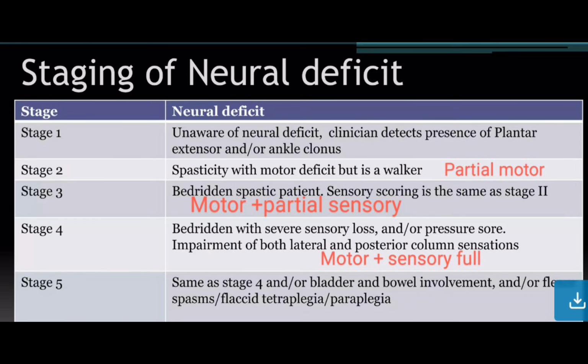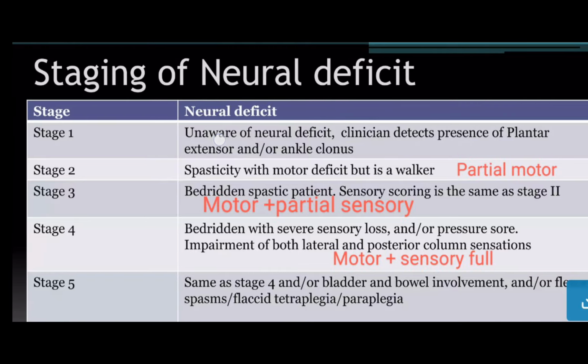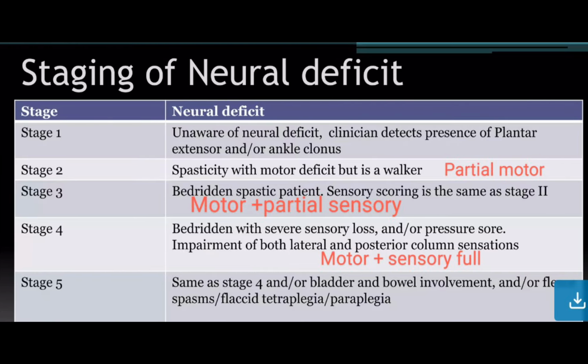Then the next is staging of neural deficit. Staging of neural deficit, also known as Tuli staging, is basically done in case of spinal tuberculosis, and the stages are as follows. Stage 1 is unaware of the neural deficit. In stage 1, patient will be unaware. Then stage 2 is partial motor deficit.